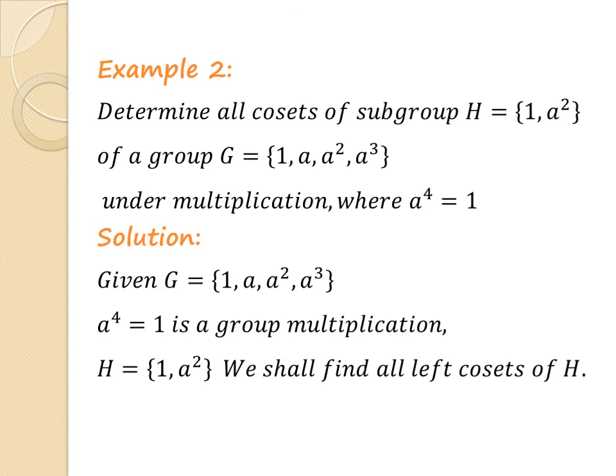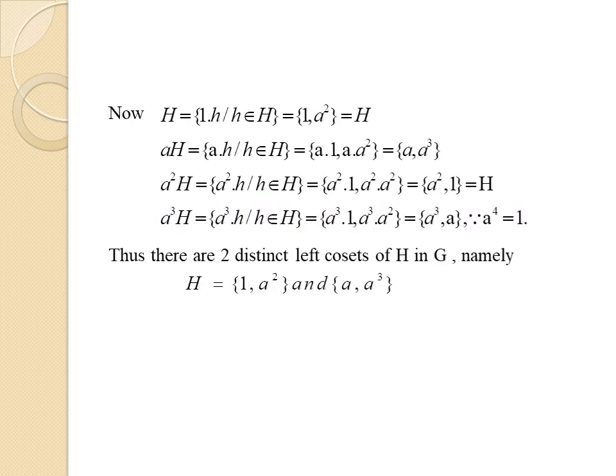Given G = {1, a, a², a³} with the condition a⁴ = 1, a group under multiplication, and H = {1, a²} is a subgroup. We shall find all the left cosets of H.